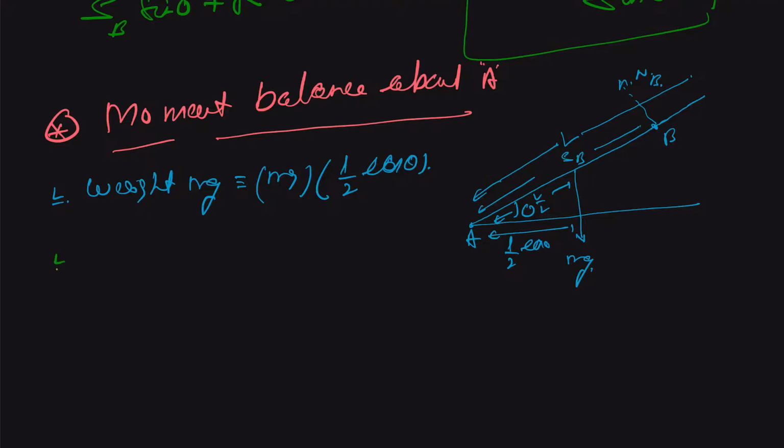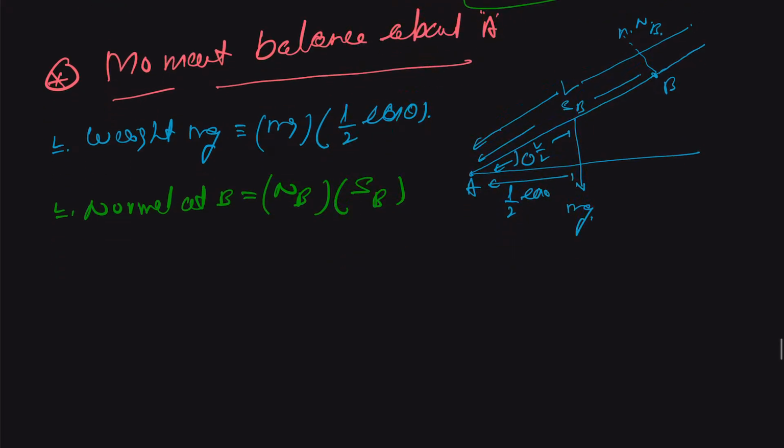And then we are having normal at B, which is our NB, and the distance is our S of B. And friction will be acting at both points along the rod, so we are just going to ignore it.